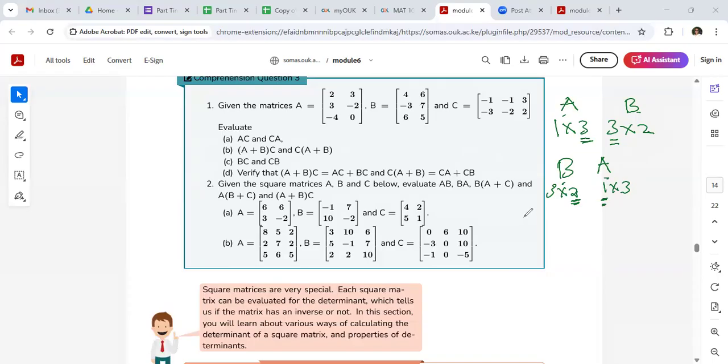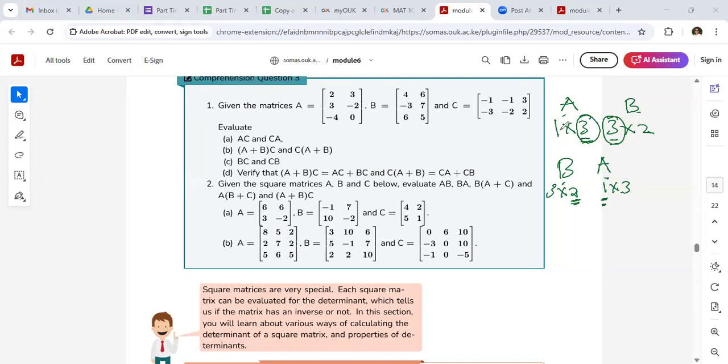So always compare the number of columns in the preceding matrix against the number of rows in the second matrix, left and right matrices.